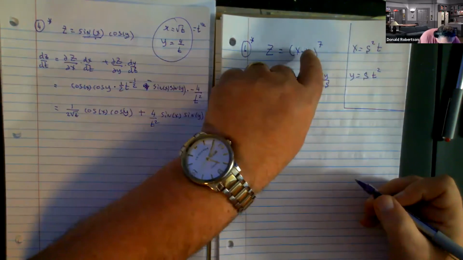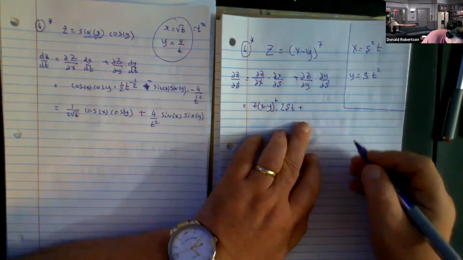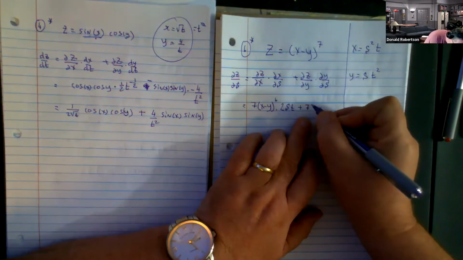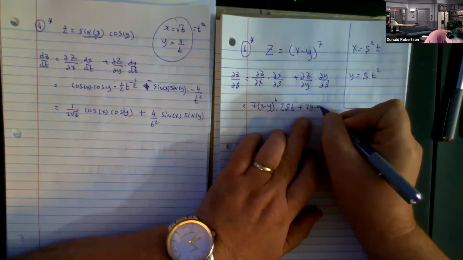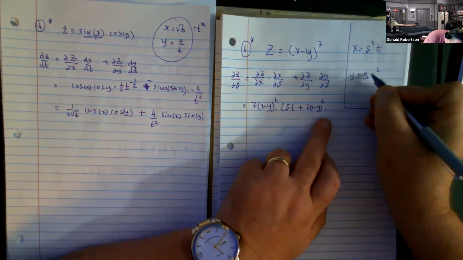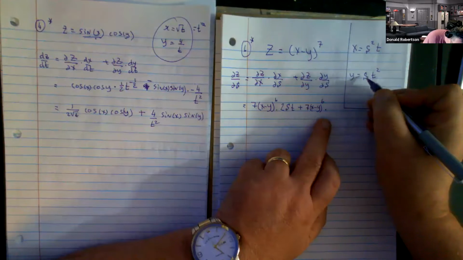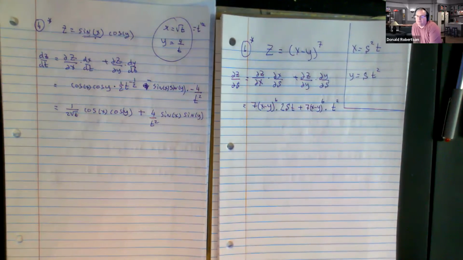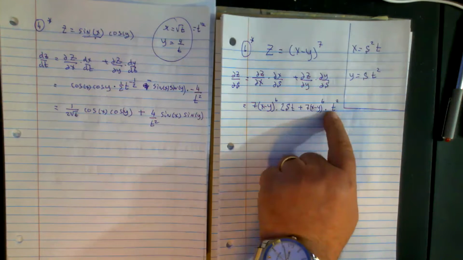Now, if you do this fella, you got to be careful. I'm about to do a deliberate mistake. Oh yeah, I know how to differentiate that. You get 7 lots of x minus y to power of 6. And then you multiply by the derivative of this fella with respect to s, which is t squared. That has to be a negative now?